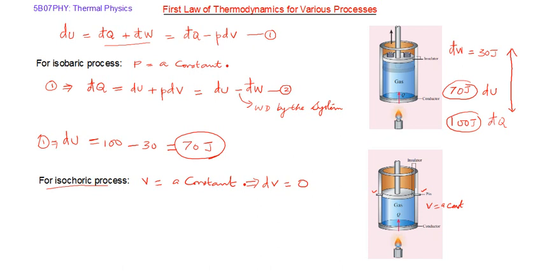Therefore equation number 1 will be modified as dU equal to simply d bar Q. Maybe you are surprised to see that on one side you have an exact differential, on the other side an inexact differential.